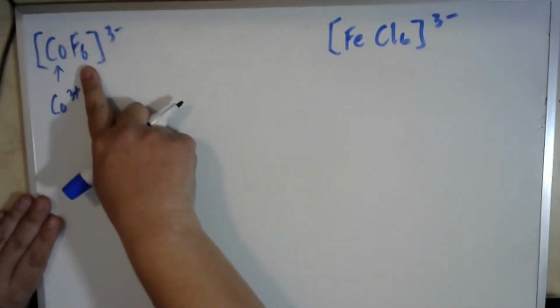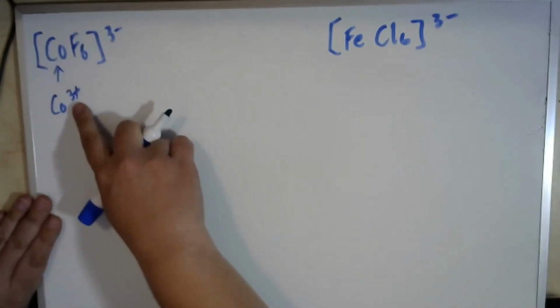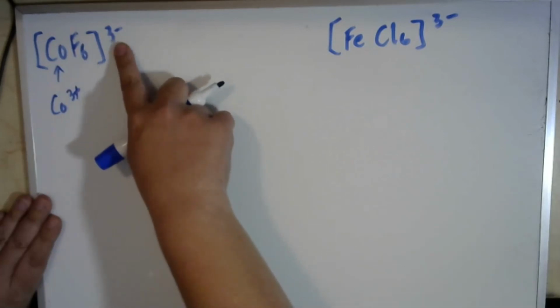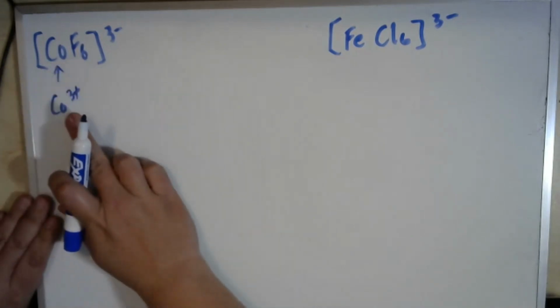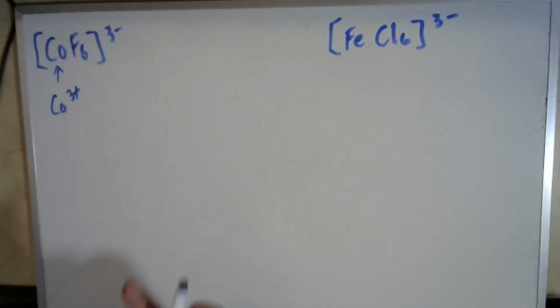Because there are 6 fluorines. Each fluorine is a -1, which is a total of -6. So cobalt has to be a +3 so that they can add together to get -3. Okay, so now we need to get the electron configuration for the Co3+.